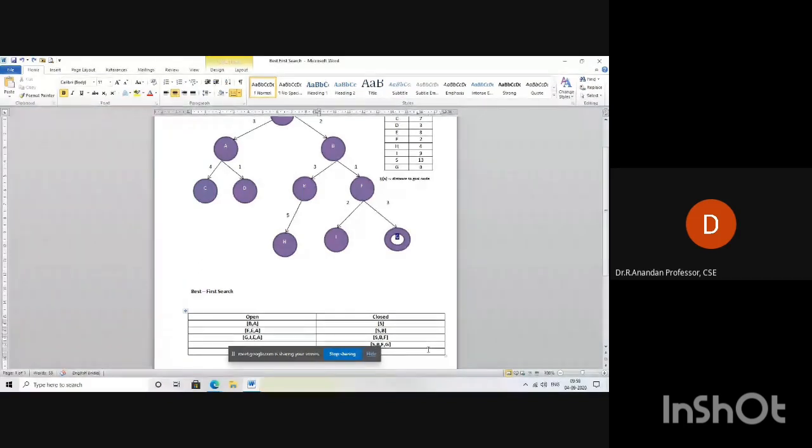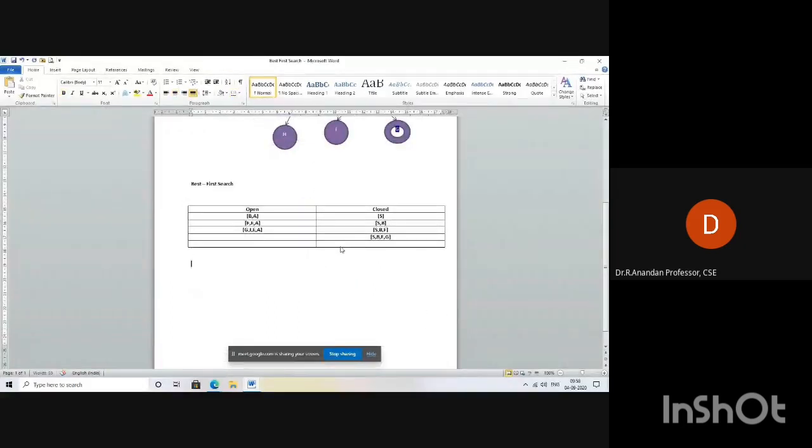So what is the cost involved here? For S, B, F, G, the cost is 13 plus 4 plus 2 plus 0, which is equal to 19.